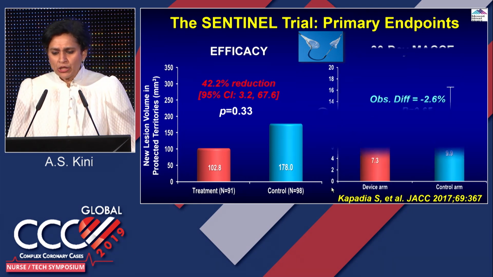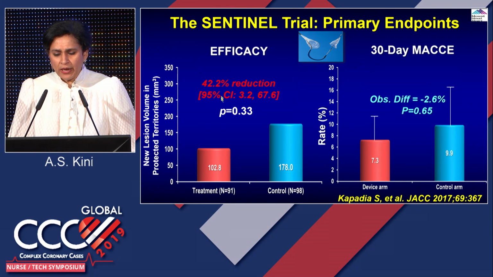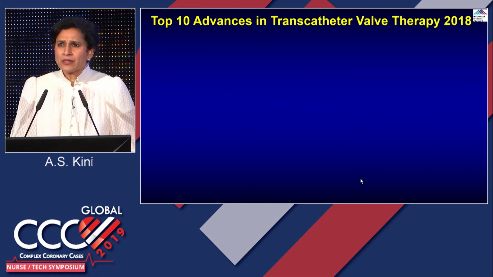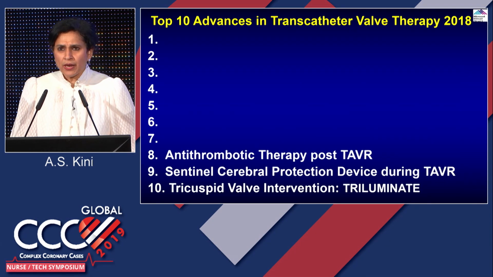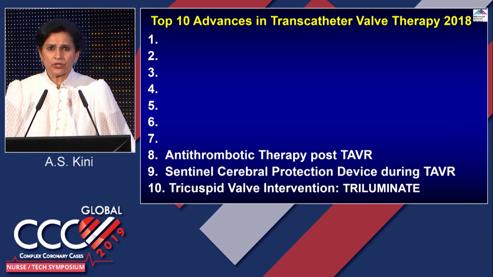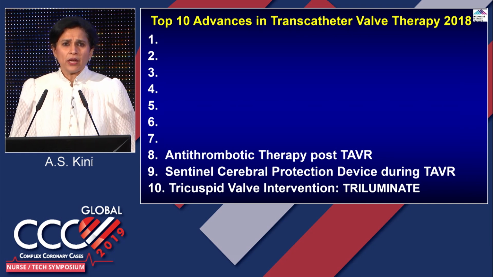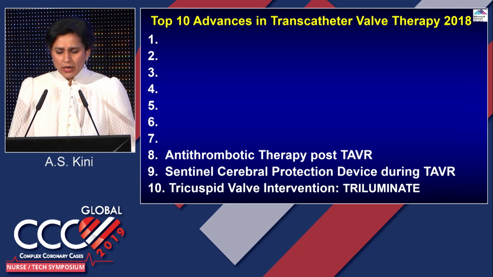So what did the trial show? Not clinically significant, but a definite reduction in stroke when this particular device was used. The current practice is such that every patient will get a Sentinel device unless there is any contraindication, if there is any problem with the radial artery or aortic arch pathology.